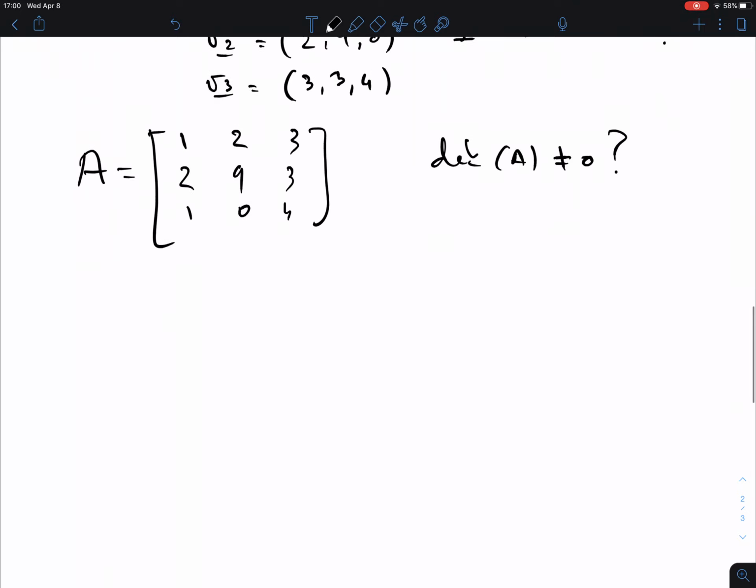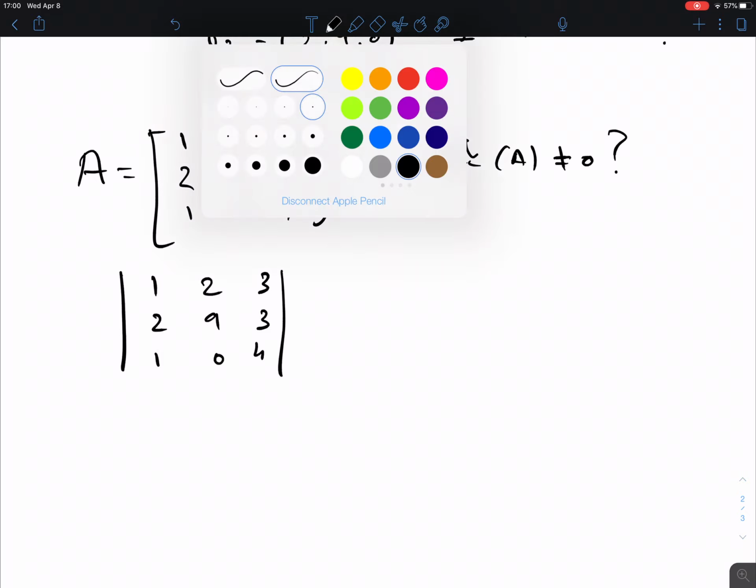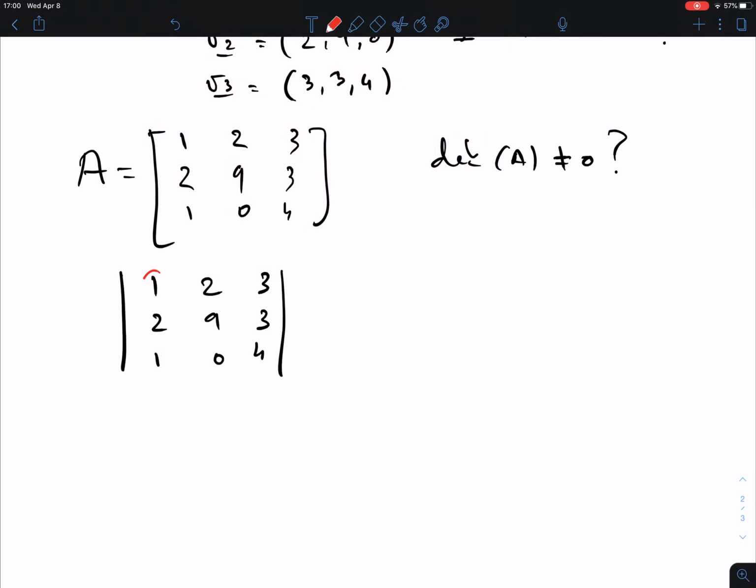So how do you figure this out? Well, we know how to calculate the determinant, so let's quickly do this. We write it with the vertical bars. I don't want to do expansion here because I don't have enough zeros, so I'm going to first do row operations. I'm going to use this as a pivot. The row operations I'm thinking about are R2 minus 2 times R1 and R3 minus R1.